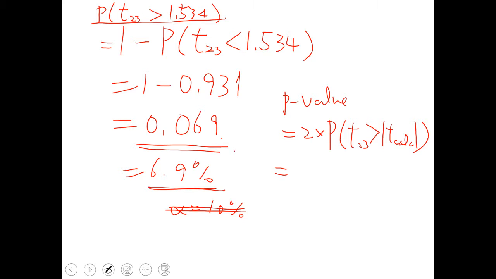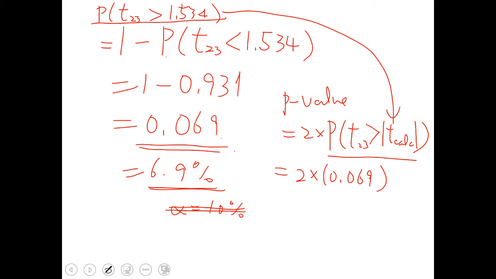So that is this probability. So we do 2 times 0.069. So then we have 13.8 percent.